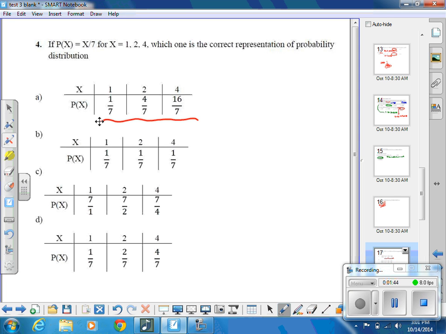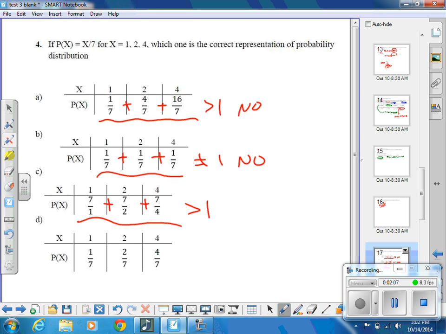And if I add these up like that, guess what? That's going to be bigger than 1, so go to the next one, add these up. Well, guess what? That doesn't equal 1. So here, add these up. Wait, ooh, look at this. These are all bigger than 1, so no. This is going to be greater than 1 again. No.